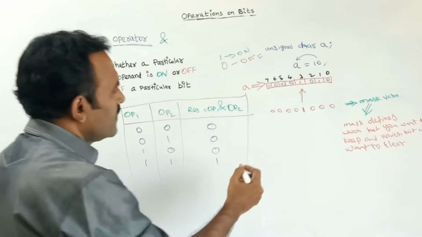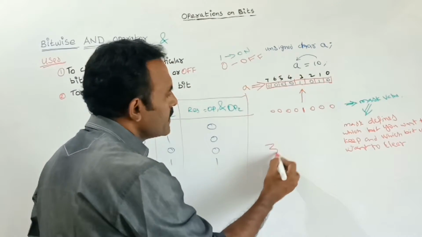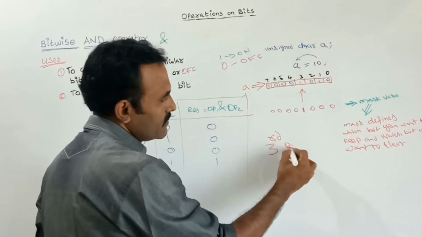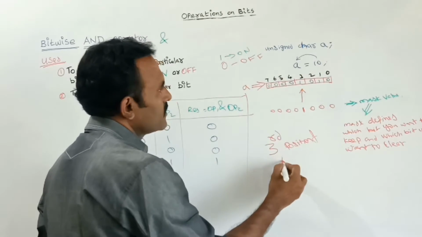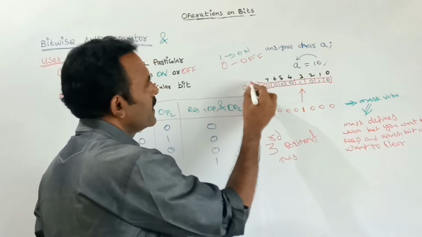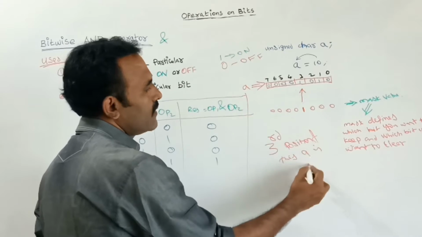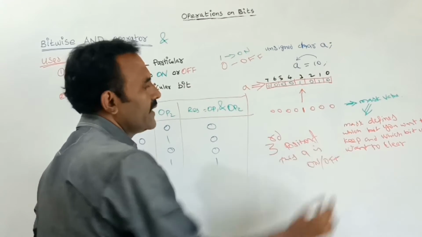Here I am finding whether the third position of this operand, the operand named A, is on or off. I want to find this.